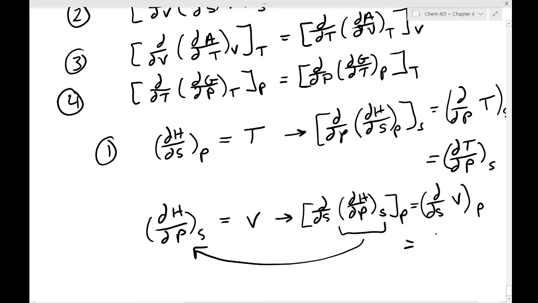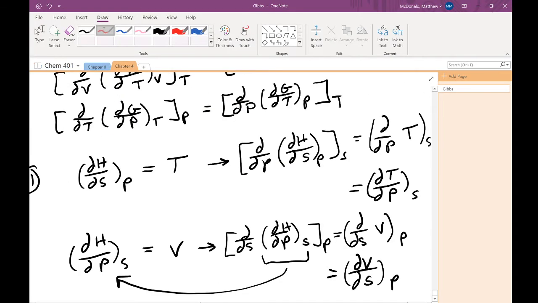And this equals the partial change with respect to volume over the partial change of pressure at constant entropy. Okay, so because of this equality, we can set these two equal.